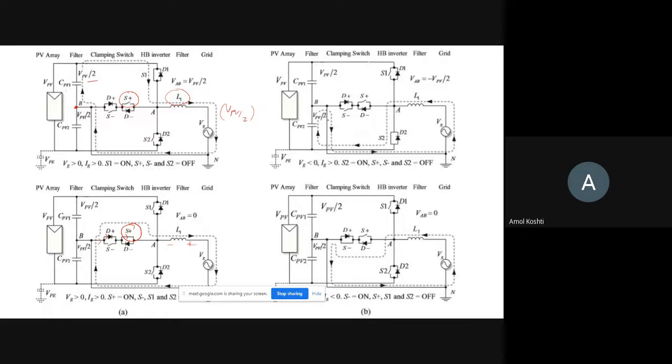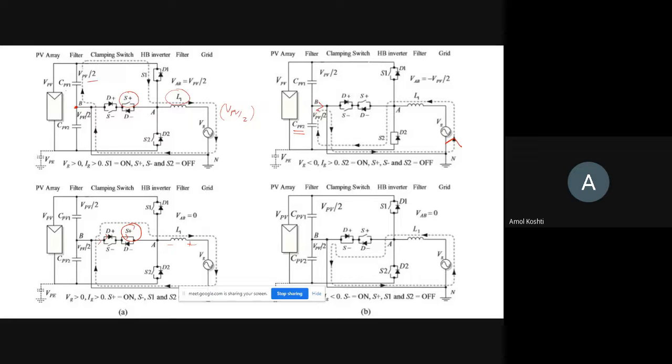Now to produce the negative half, PV2 is taken into the circuit, and current will be in the opposite direction through the grid, and the negative half is produced. For that, the S2 switch is on here.